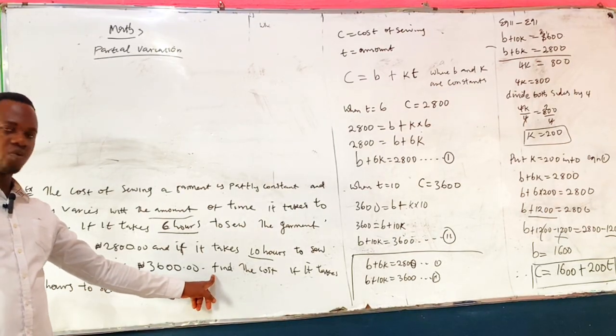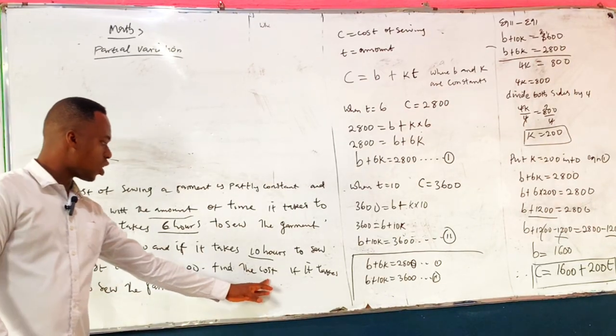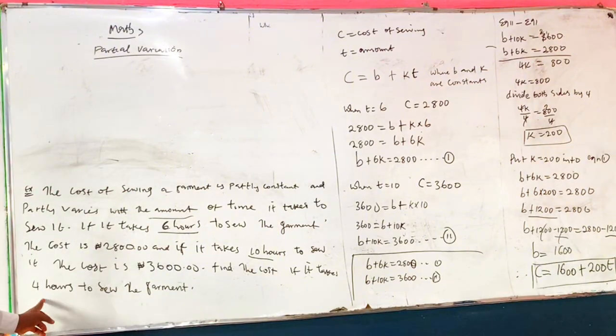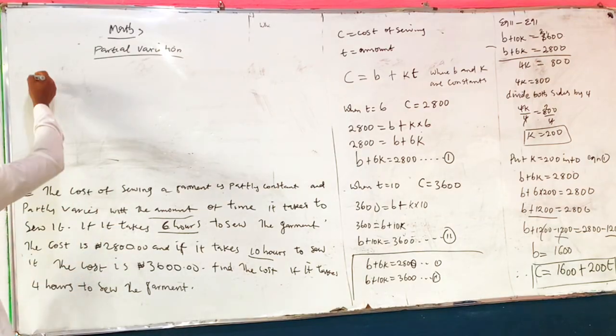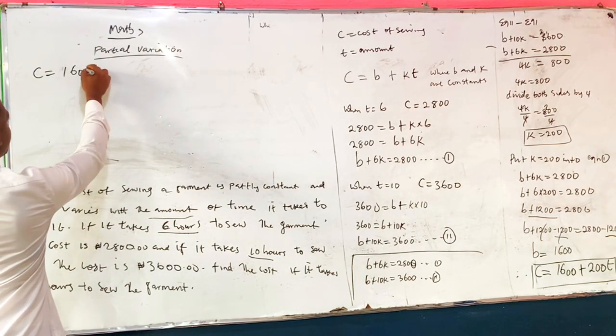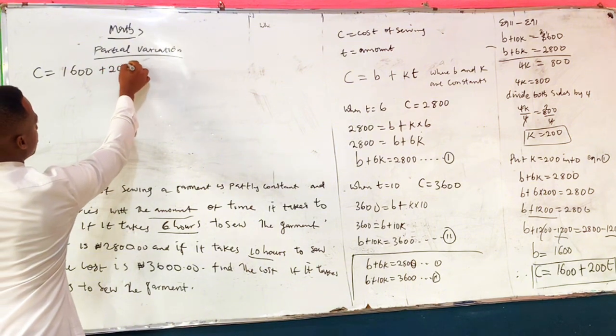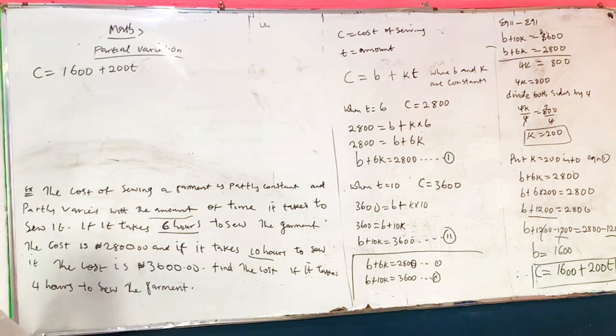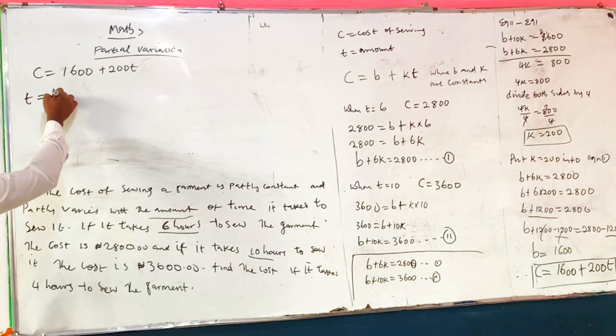So the final thing the question says is find the cost if it takes 4 hours to sew the garment. Find the cost. The equation is here already. C is equal to 1600 plus 200T. Very simple. Anywhere we see T, we put 4 hours.